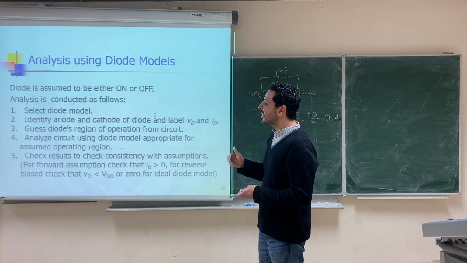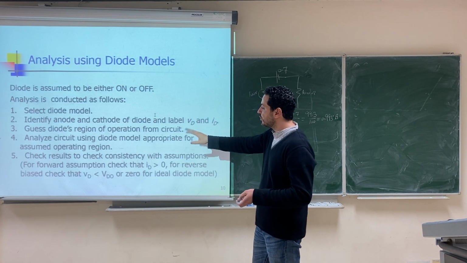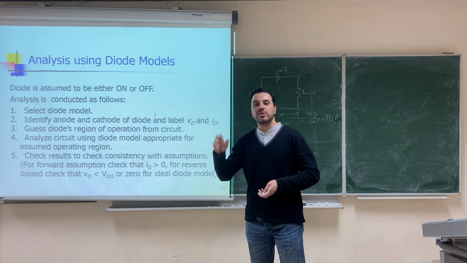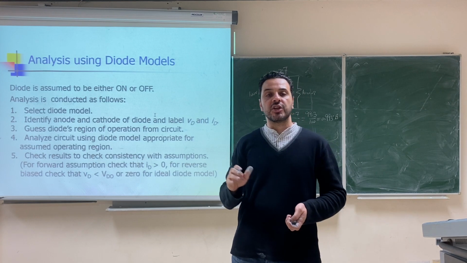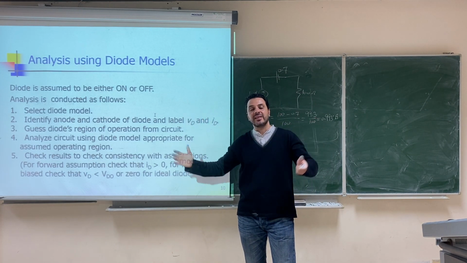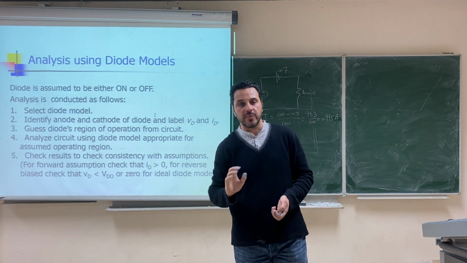Once you select your model, you identify the anode and cathode of each diode, label VD and ID for each diode, and then you need to guess. You need to assume the region of operation for each diode in the circuit. Sometimes you'll get circuits with many diodes, right? So for each diode, you need to assume a region of operation.